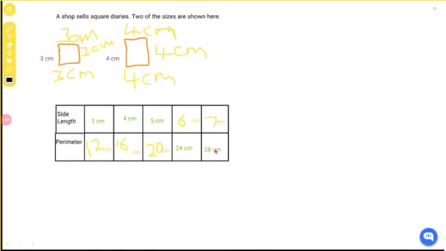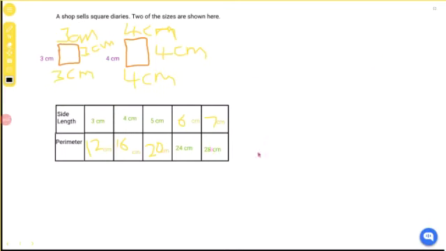So 1 times 7 is 7, that's right. 2 times 7 is 14. 3 times 7 is what? That's right, 21. And 4 times 7 is 28. Well done. So yes, that works out perfectly.